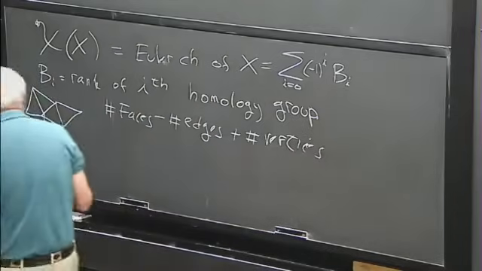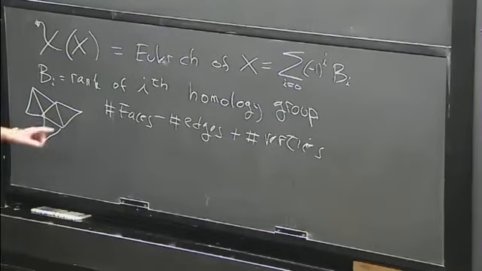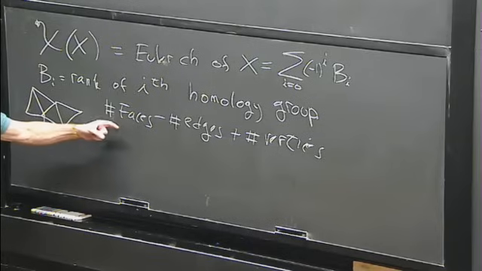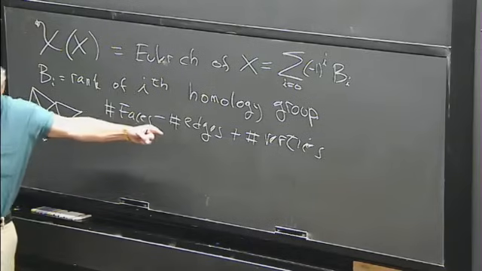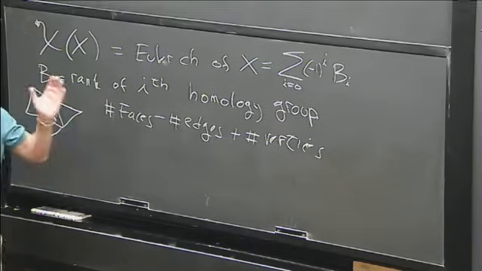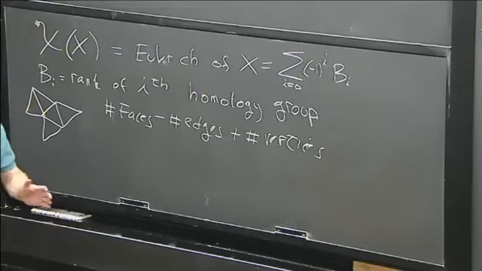And in general, you could just take the alternating sum of the numbers of simplices of different dimensions. So you take the number of k simplices minus the k minus 1, and so on.